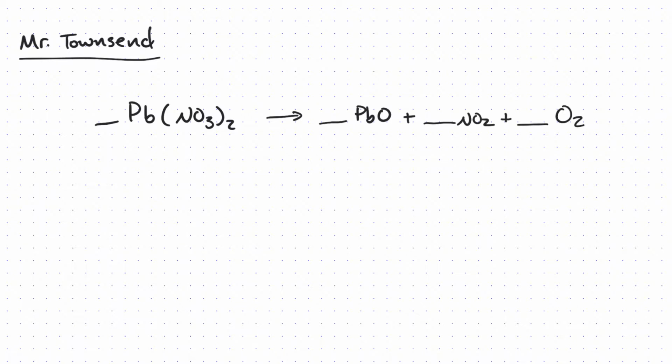A couple things that I always recommend that you start with is creating a list of elements for both of the reactants and the products. Just in case you need to remember, the stuff over here, these are the reactants, and over here is the products.